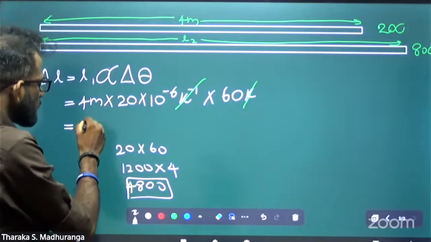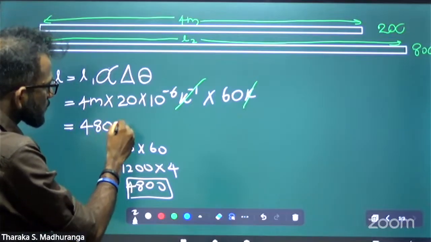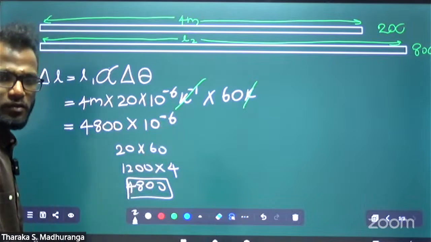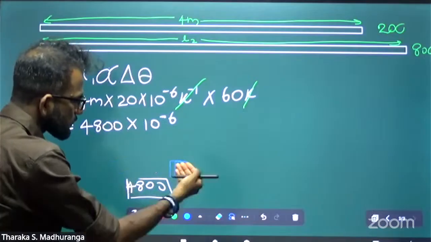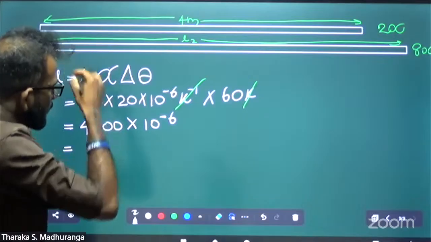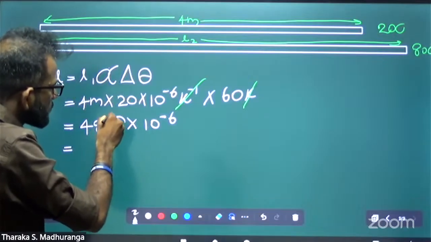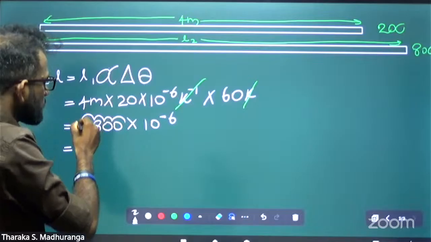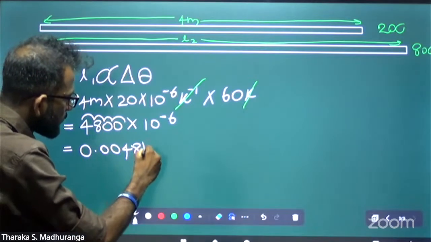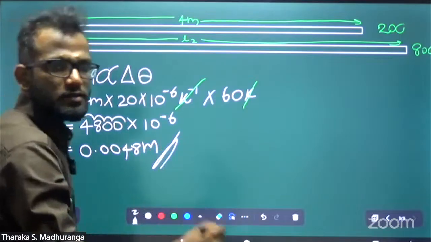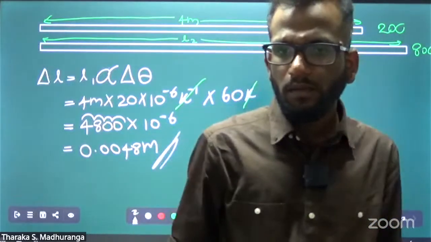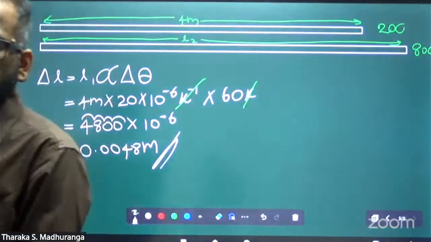Now 4800 multiplied by 10 to the power minus 6. Then you get 0.0048 meter as the answer.